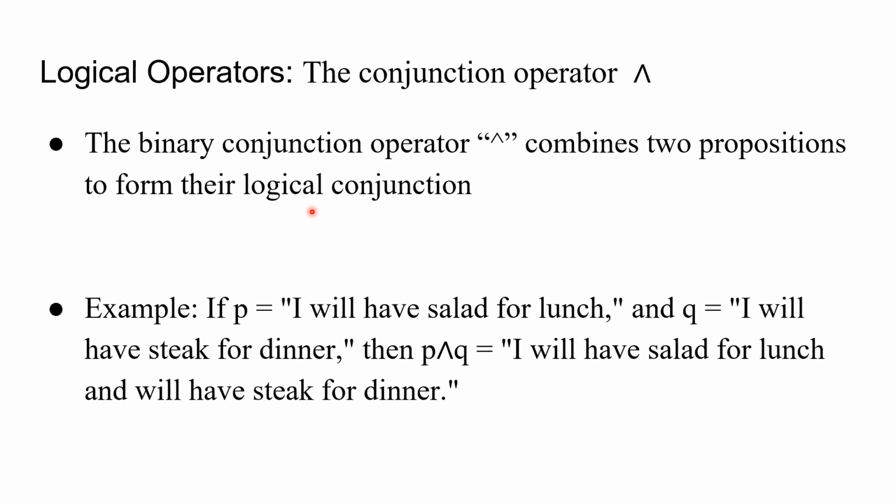Let's see the example. If P equals "I will have salad for lunch," and Q equals "I will have steak for dinner," then P and Q equals "I will have a salad for lunch and will have steak for dinner."